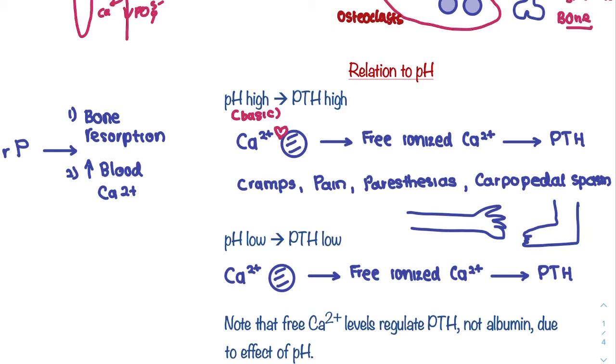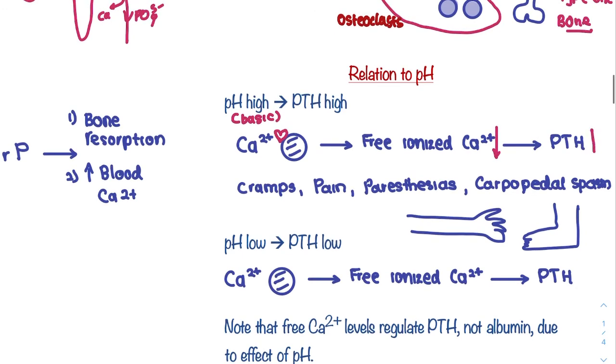And this will decrease free ionized calcium, and that will cause a release of parathyroid hormone. Now, when there is low free calcium ions, what happens is, these patients will have cramps because you need calcium for proper muscle contraction.